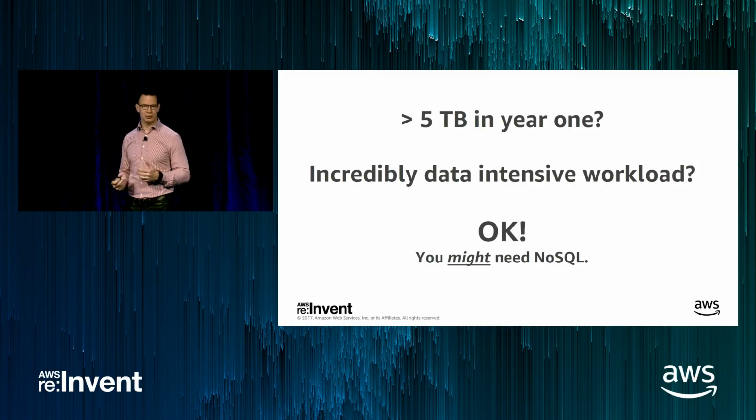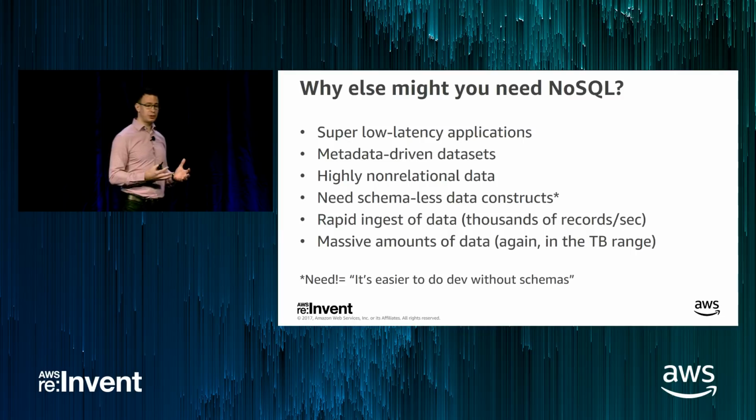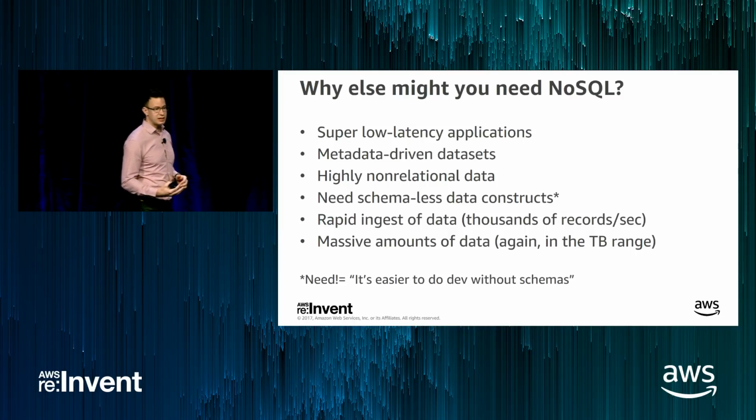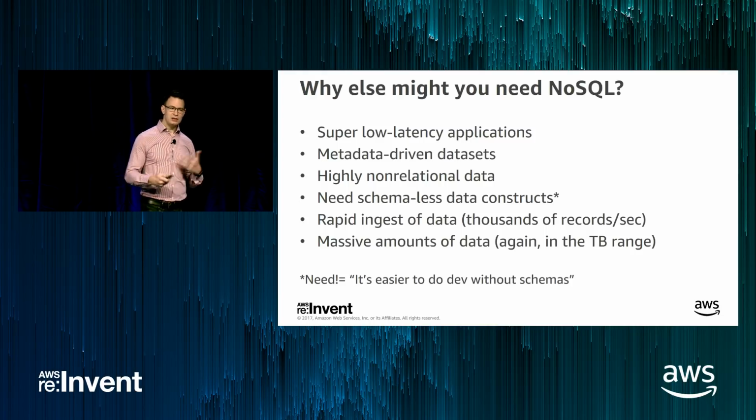Then you might want to consider it. Other reasons you might want to consider it: if you have super low latency, if you've got very metadata-driven data sets, you want to have schemaless data. Now, keep in mind, we're not just talking I want to have schemaless, but an actual requirement to have schemaless. Then these are some of the reasons why you might choose NoSQL early on as well.